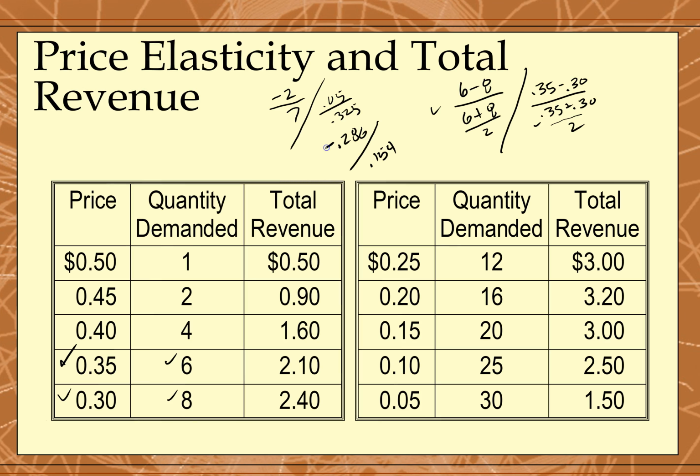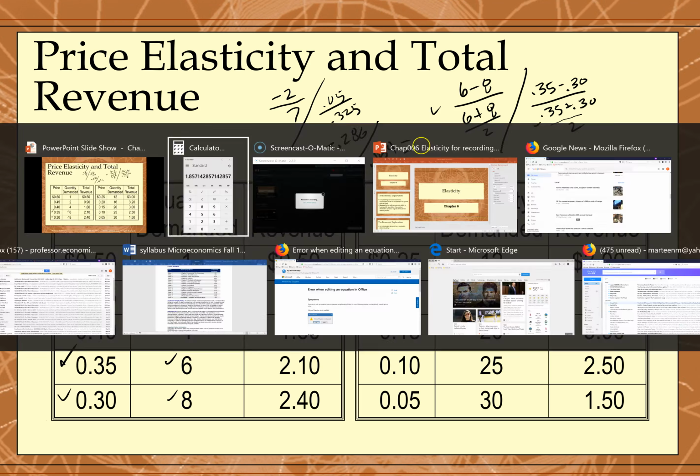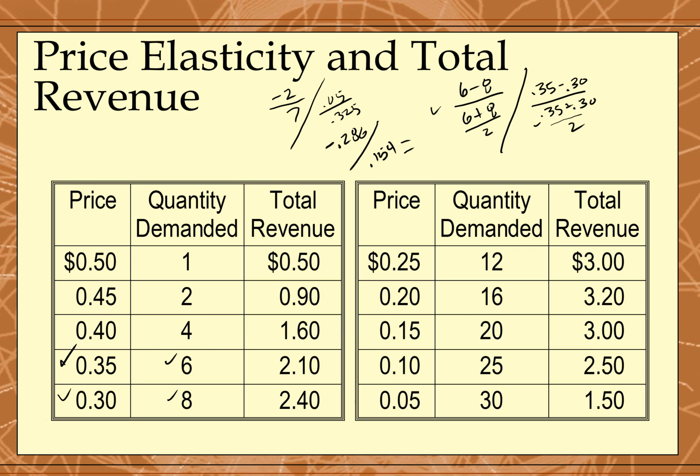This is a minus sign right there. So that's going to be equal roughly to minus 1.85. And we're going to drop this minus sign because we're going to take the absolute value. I'm just going to drop that minus sign, absolute value.